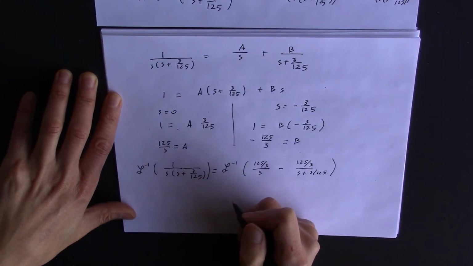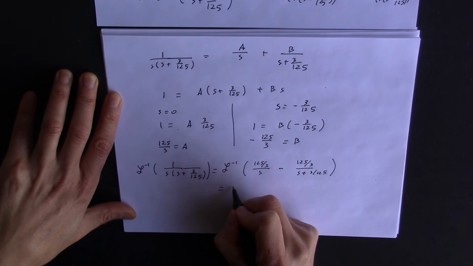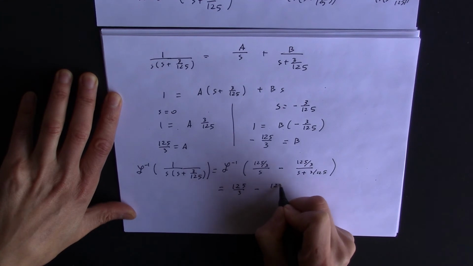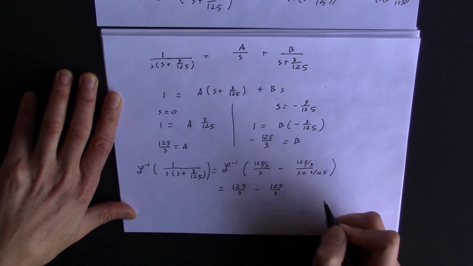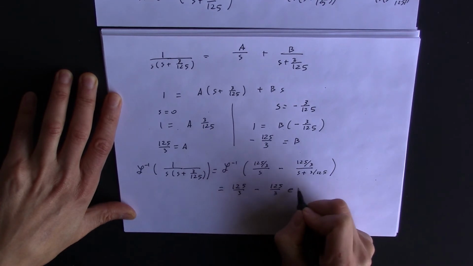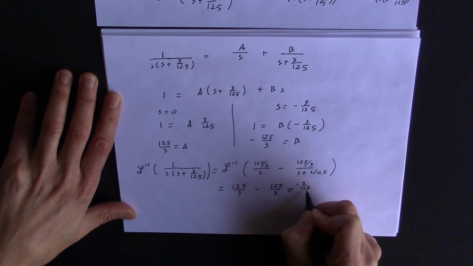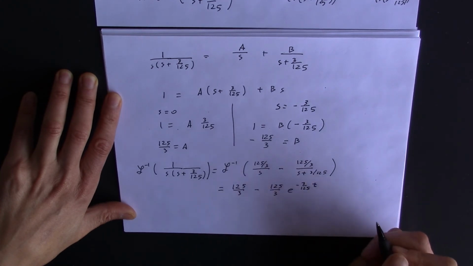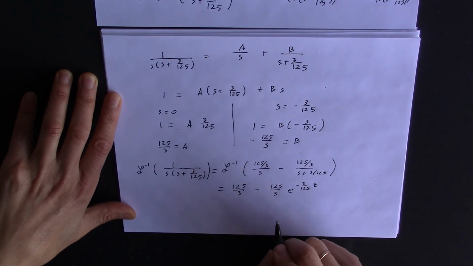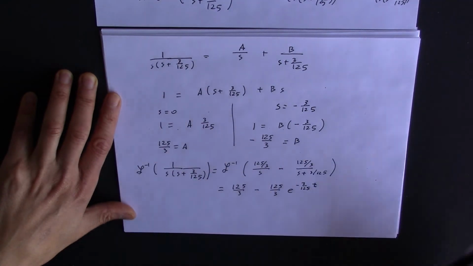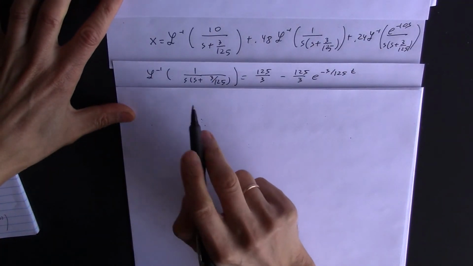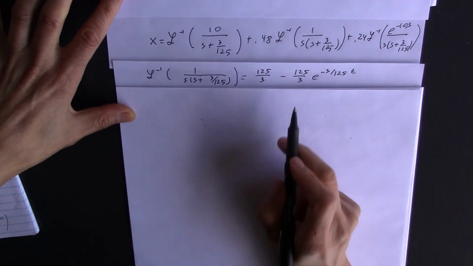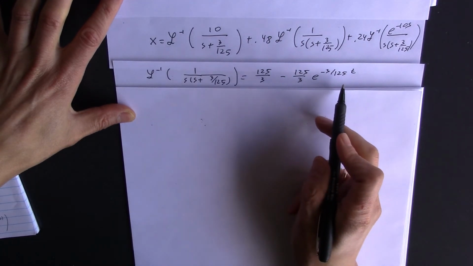So that is going to be equal to 125 over 3 minus 125 over 3 times the Laplace inverse of this one, which is e^(-3/125 t). Right? So we're going to be using this Laplace inverse to finish our problem. Okay, so that's the information which is good. Laplace inverse of that function equals 125 over 3 minus 125 over 3 e^(-3/125 t).